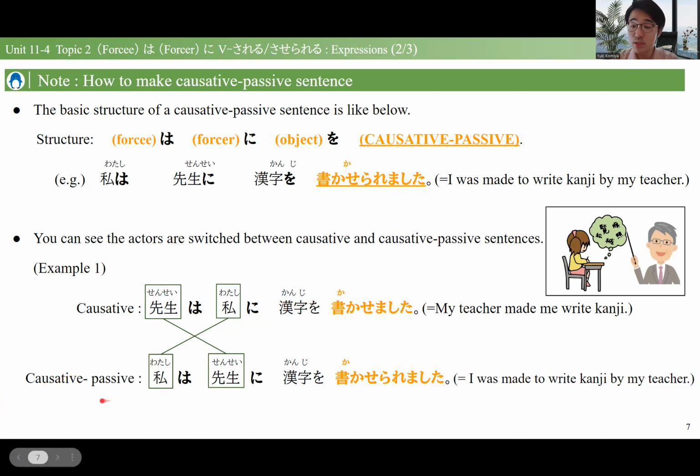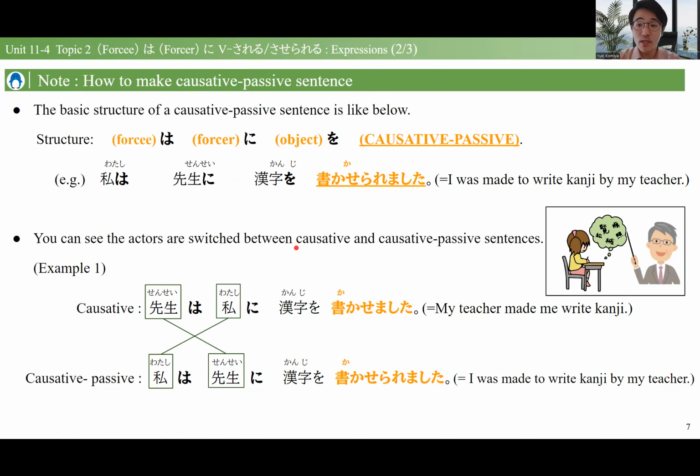For causative passive, the actors are switched. I am the subject. 私, foresee, is the subject. 私は先生に漢字を書かせられました。The verb is in the causative passive.